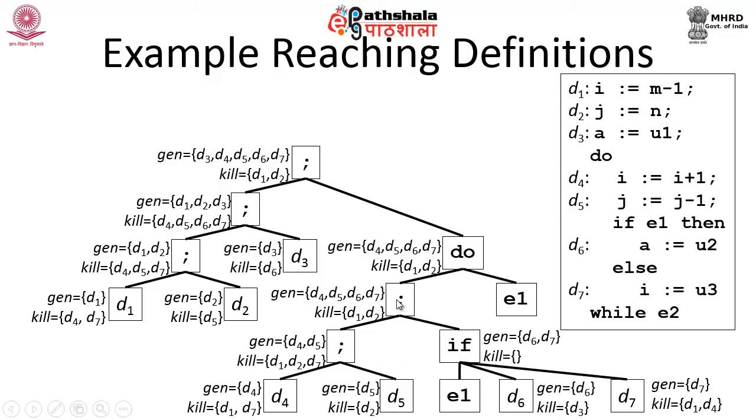If you remember the formula for the S1 semicolon S2 situation, in this particular node it is kill of S2 union kill of S1 minus gen of S2. So, kill of S2 is null. So, null union kill of S1, which is D1, D2, D7, minus gen of this node, which is D6 comma D7.